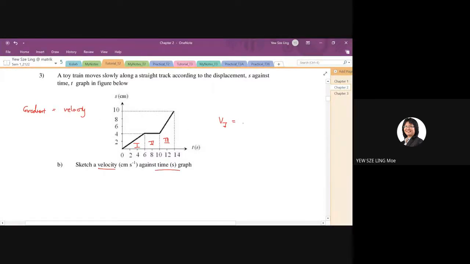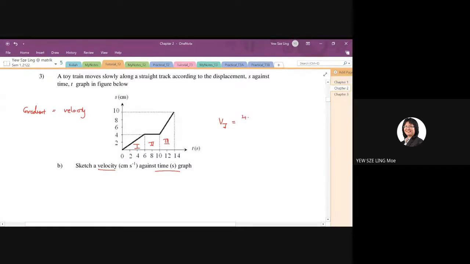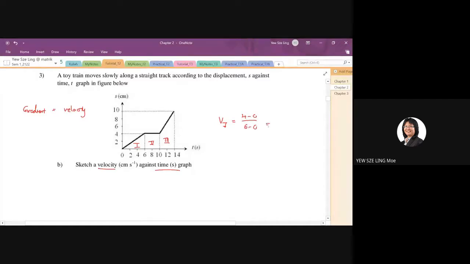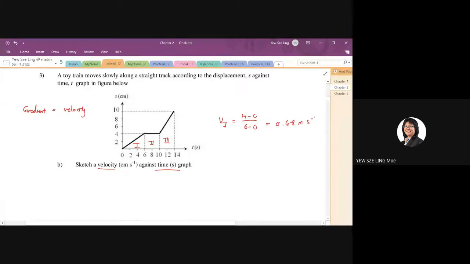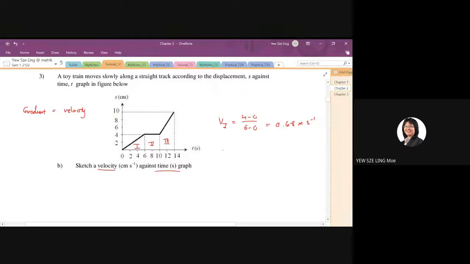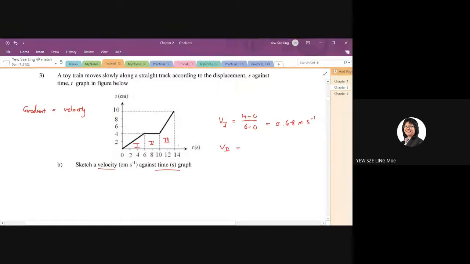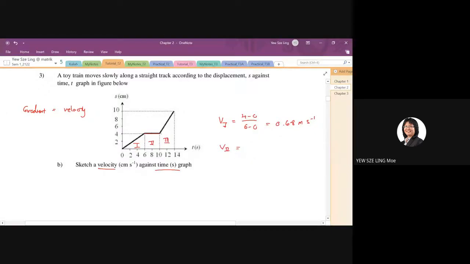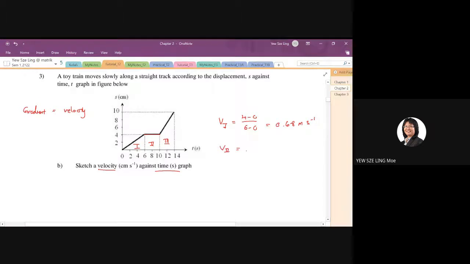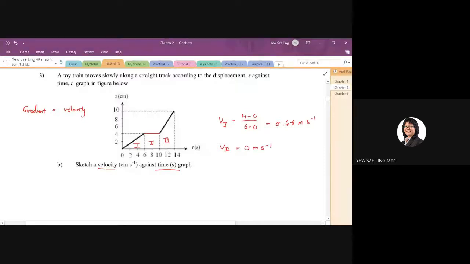So V1, the gradient is 4 minus 0 divided by 6 minus 0, which is then equal to 0.68 cm s^-1. V for section 2: this horizontal line tells you that your object is now stopped at a displacement of 4 cm. It is not moving for 4 seconds. So this one is 0 cm s^-1.